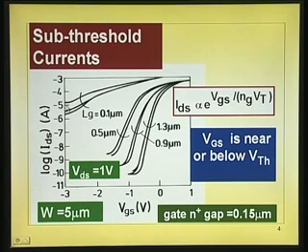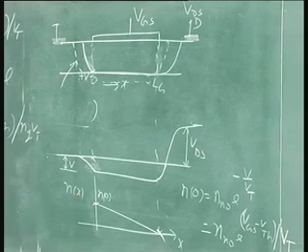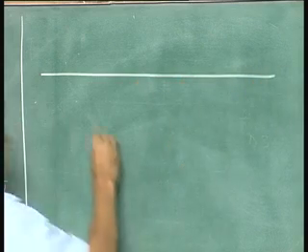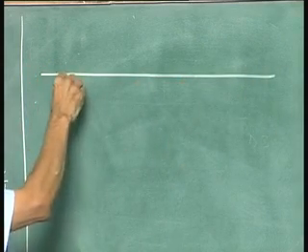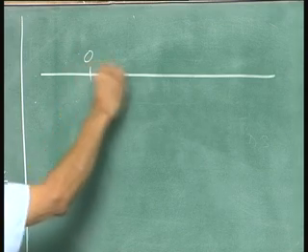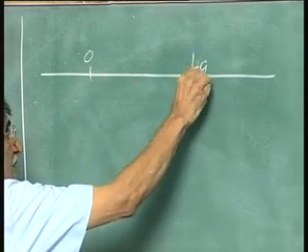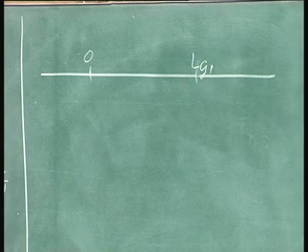What is the cause? The cause is this barrier is not remaining constant. As you go to shorter channel lengths, for the same voltage, let us plot and qualitatively discuss what is happening. This is the potential that I am plotting, with x equal to 0, x equal to Lg 1, long channel.